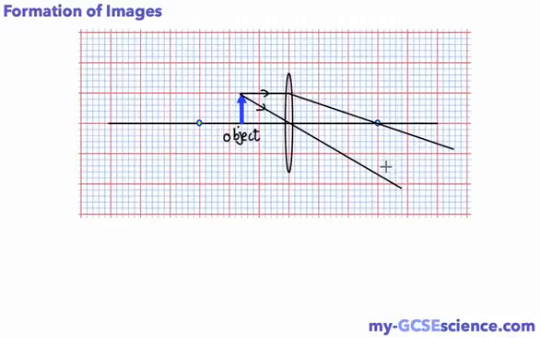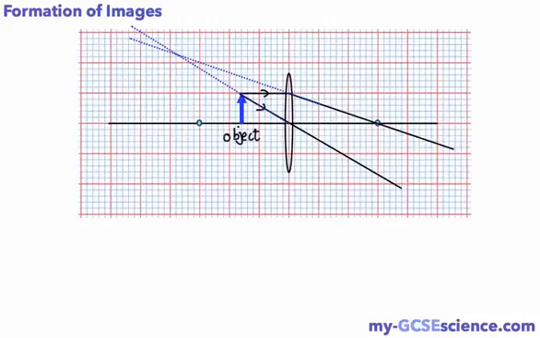And then what we have to look at is where the actual light rays meet. Well, in this diagram they're not actually meeting, but we have to find out the point where they meet, and the way we do that is we continue these lines on the other side. So we'd use a dotted line, and we would continue the light rays on the other side of the lens, continue them like that, and see where they actually meet.